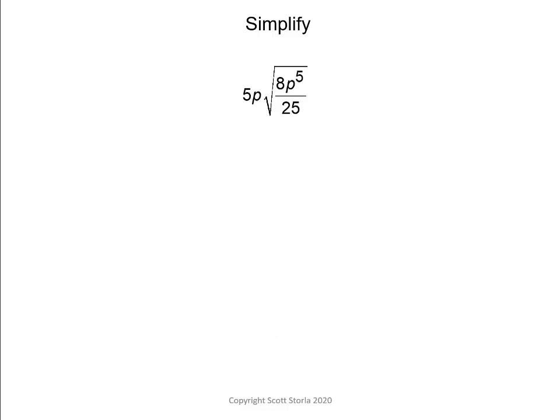Try this one. It's a little more complicated. After I use the quotient property, I notice square root of 25 is 5. I'm going to reduce the factors of 5, leaving just p times the numerator.